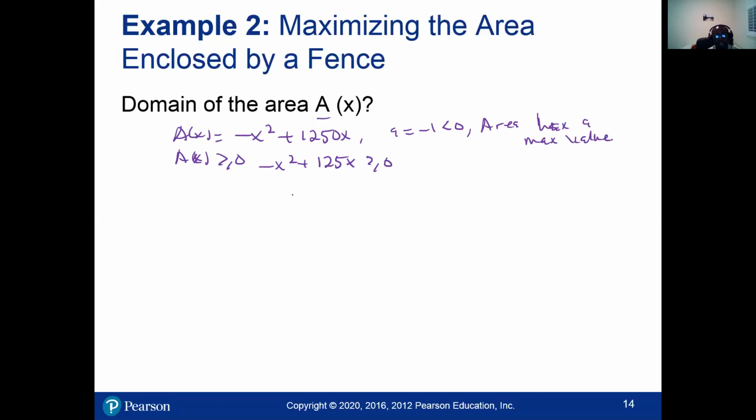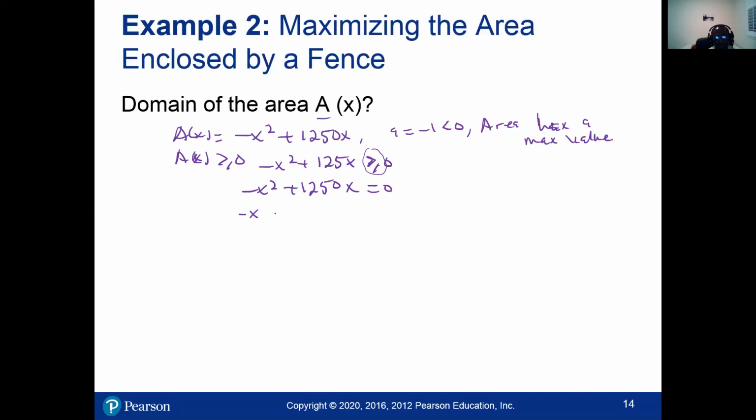Well, first, we will consider the equal sign. Irrespective of the inequality sign over here, we just take the equation, get a number line, and check and test. That's how we solve quadratic inequalities. So we have minus X squared plus 1250X equal to 0. Let's factor negative X out.